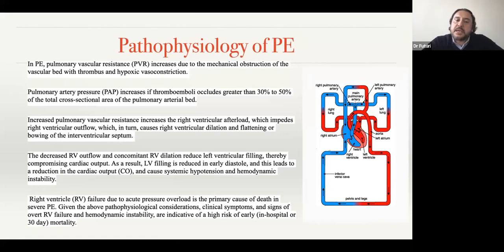This is a finding that we see on echocardiogram. As this happens, the decrease in the right ventricular outflow and the concomitant dilation will ultimately decrease left ventricular filling. And when left ventricular filling decreases, this ultimately decreases cardiac output and will cause systemic hypotension and hemodynamic instability.